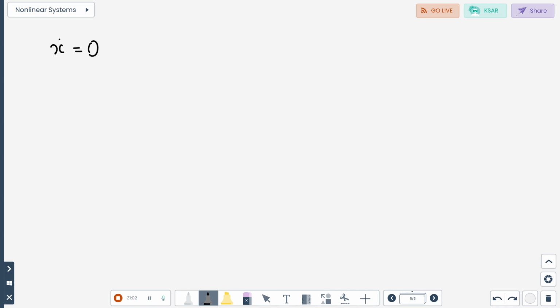So for our particular case, where x1 dot is equal to x2, and x2 dot is equal to minus g by L sine of x1 plus tau by m L square, if you put them equal to 0, x2 will be equal to 0 always.